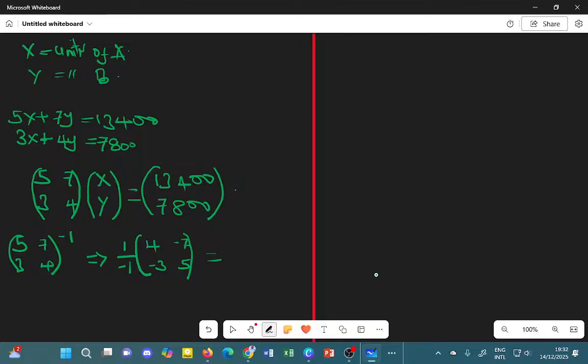If we multiply that, the entire thing is a negative, so where there's a positive, it becomes a negative. So my answer is negative 4, positive 7, positive 3, negative 5. That's the inverse: negative 4, 7, 3, negative 5.